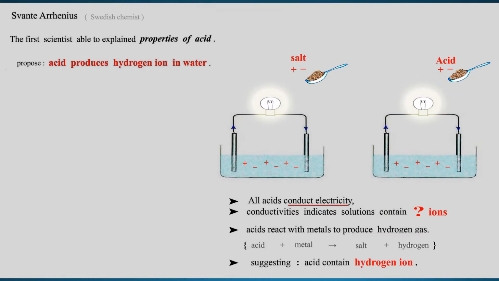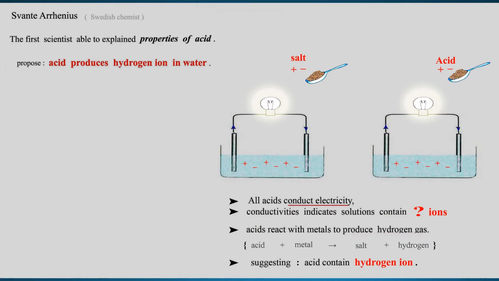In an equation, acid plus metal forms salt and hydrogen gas. Basically, any acid with metal forms salt and hydrogen gas. So this acid must contain a hydrogen ion.